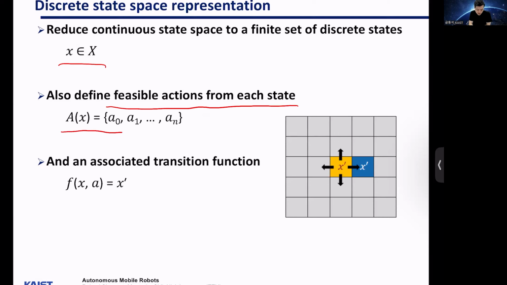That is A of X. And then there will be a transition function. So for a given X and A, there will be a resulting state X prime. Okay.